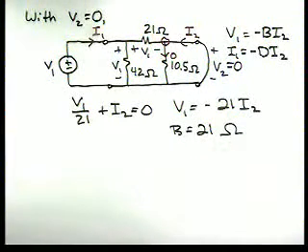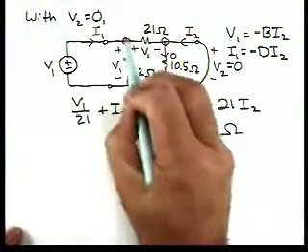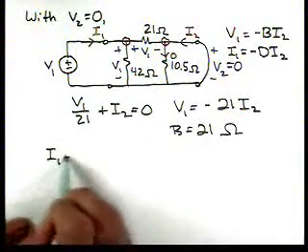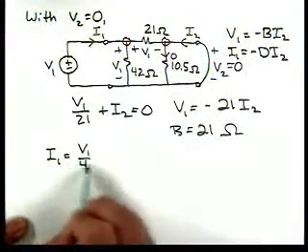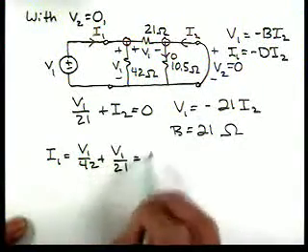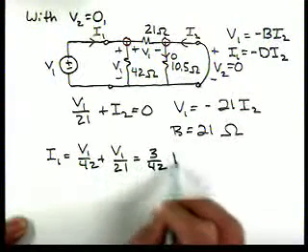Now, if we apply Kirchhoff's current law here, we'll get I1 equals V1 over 42 plus V1 over 21, which is 3 over 42 times V1.